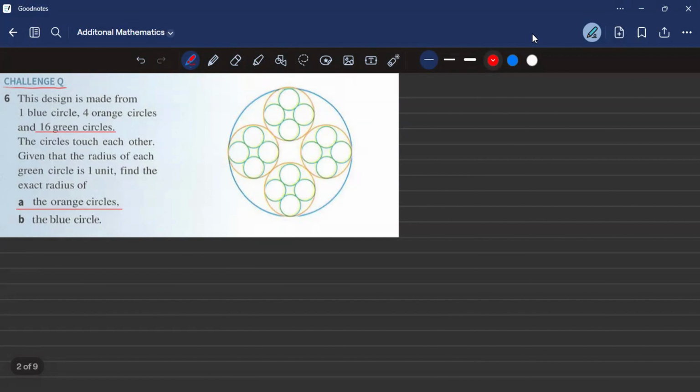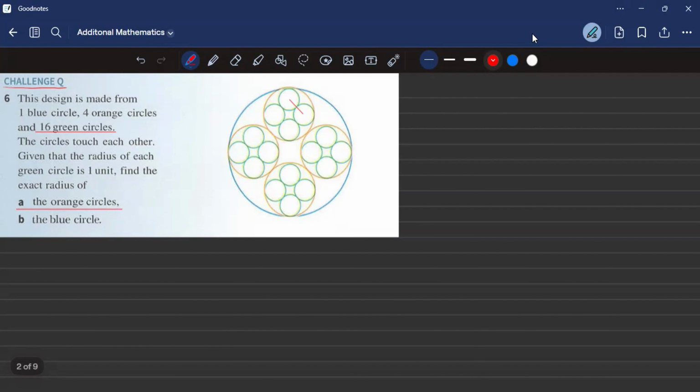The thing is, if we notice right now, they've told us that the radius of this circle, the half of this circle, is actually what? 1 unit. So from this point up till this point, won't it be 2 units?